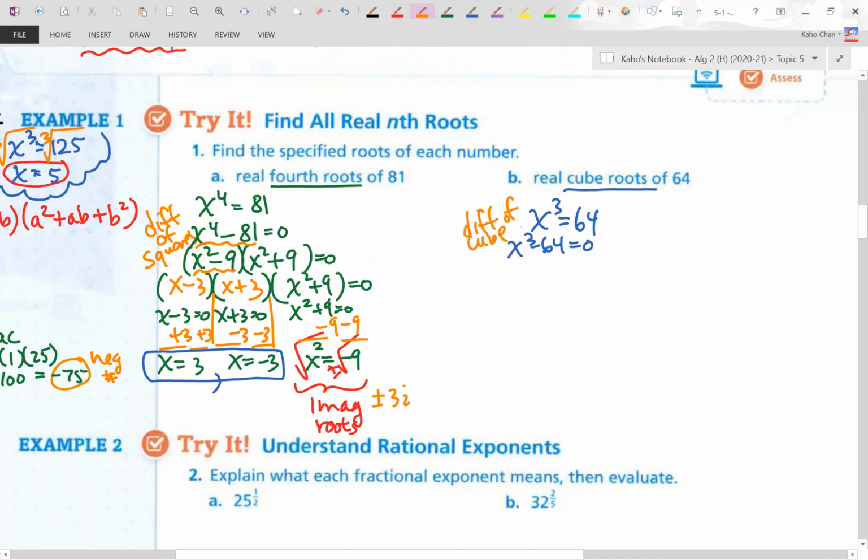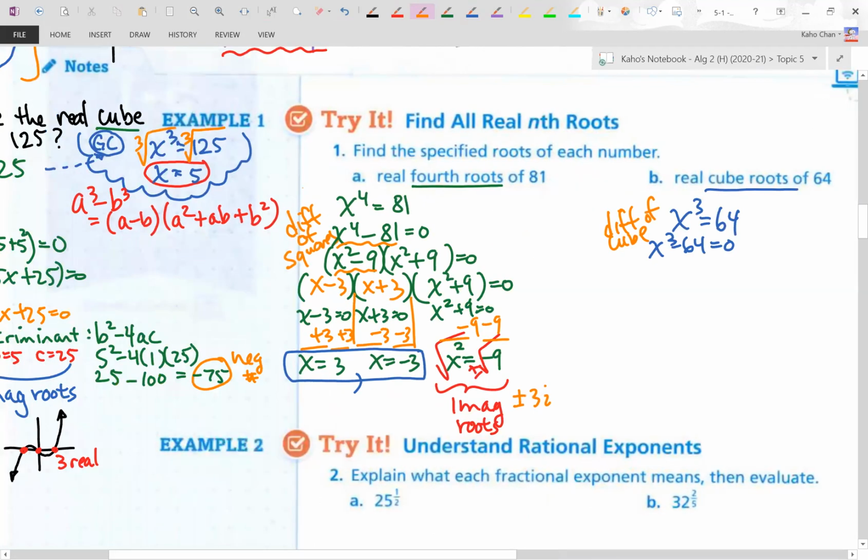We have the formula from earlier that we're going to utilize. The cube root of x to the third is x. Nice. So we're going to use that in that formula. A equals x. The cube root of 64 is 4.